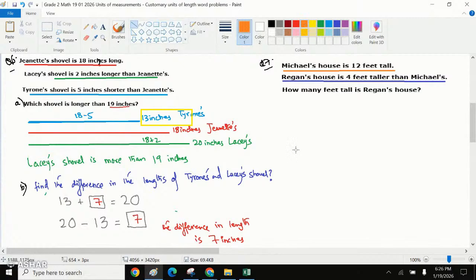If Michael's house height was 12 feet, and this was Michael's house. What about Reagan's? That would be a little more, right? Because they're saying it's 4 feet taller. So we know that 12 plus 4 would be equal to 16 feet. That is Reagan's house.